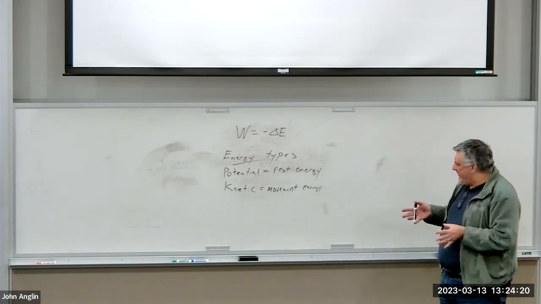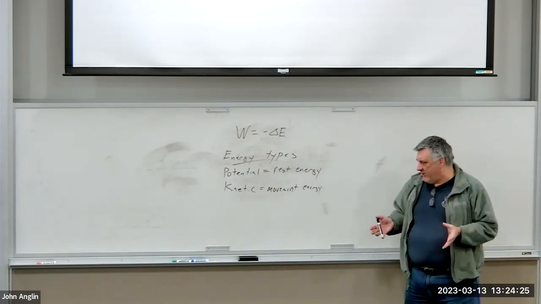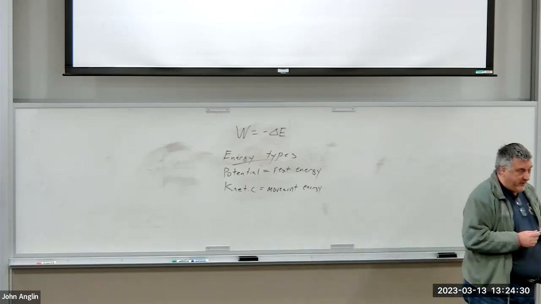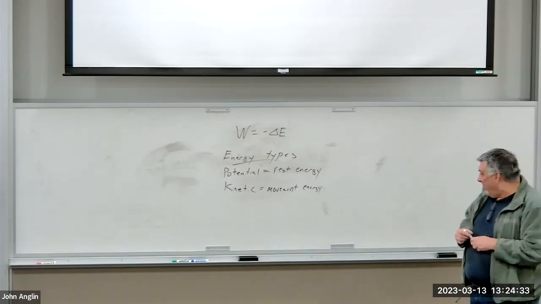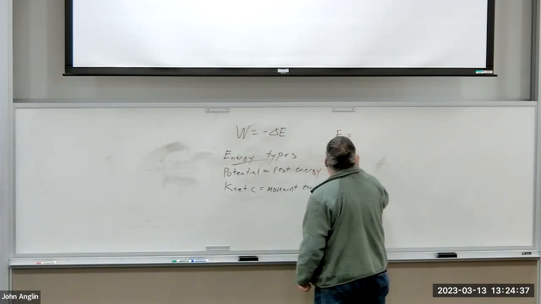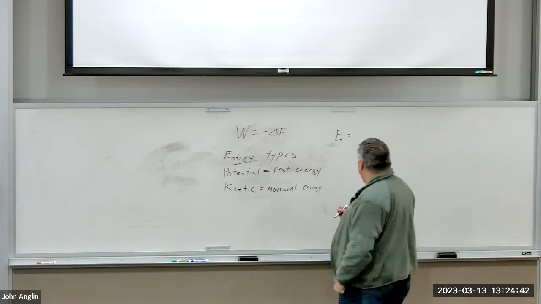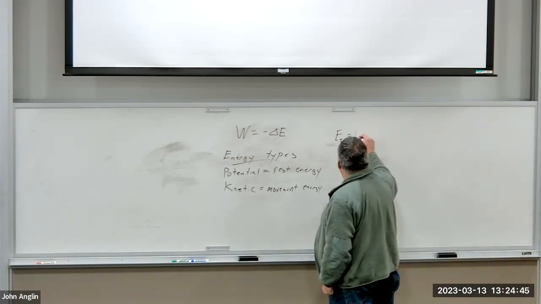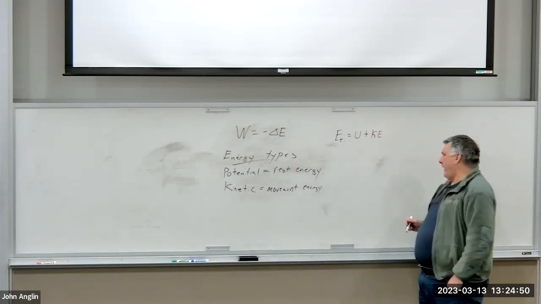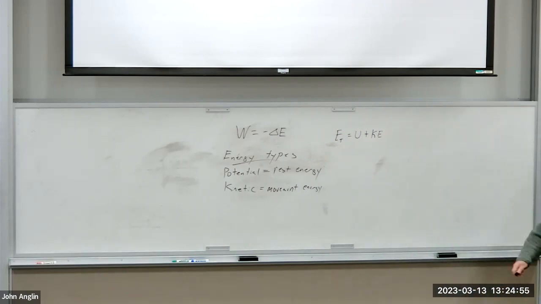Since there are two kinds of motion or two kinds of energy that we're going to be concerned about, potential and kinetic in this case, our total energy, E sub T, E total, must be the sum of potential and kinetic energy. I will use U a lot for potential energy.